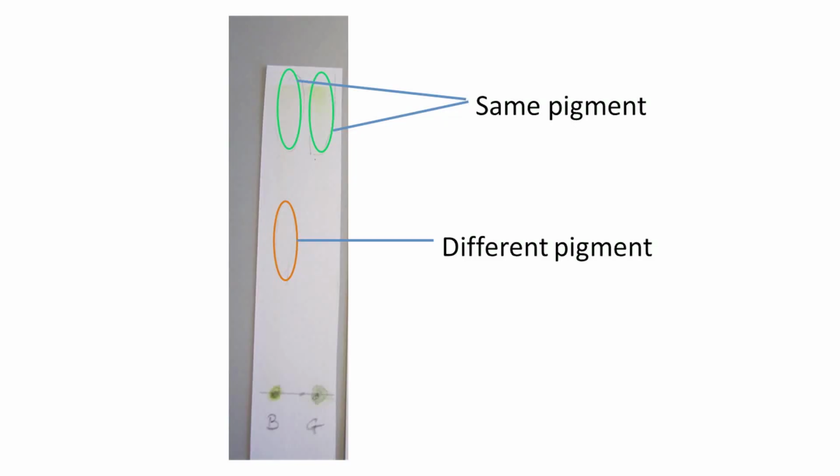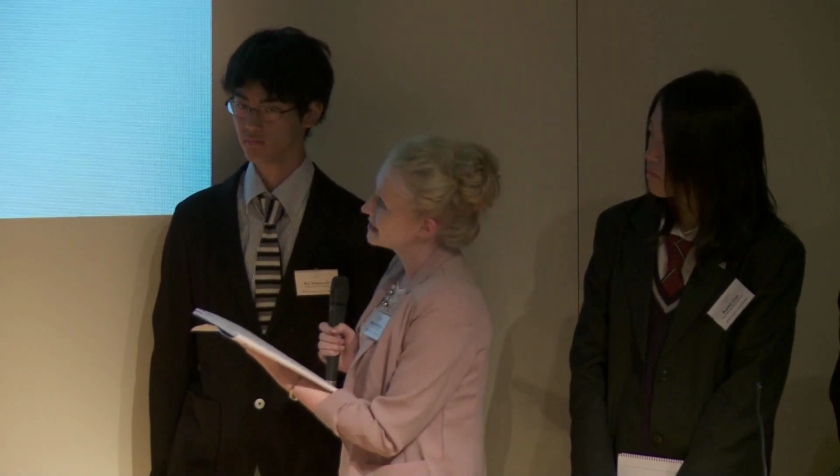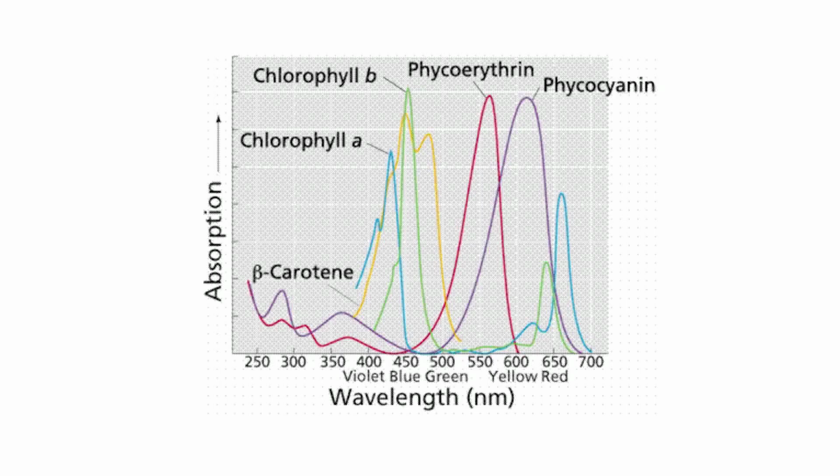As you can see, there are two marks at the top, and this shows that they're the same pigment. So brown and green algae both have a similar pigment, but brown algae, which evolved later, has this different pigment which green algae don't have, which shows its evolution. We also did an absorption spectrum to identify these pigments.